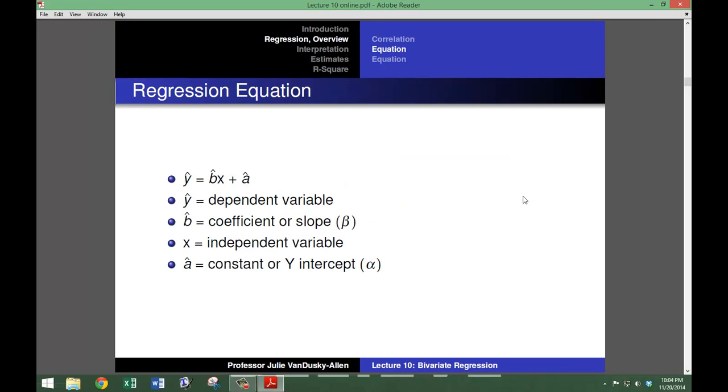One way to formally represent a regression equation is to write y hat equals b hat times x plus a hat. Y hat is an estimate of the dependent variable, b hat is the coefficient, slope, or beta, x is the independent variable, and a hat is the constant, y-intercept, or alpha.